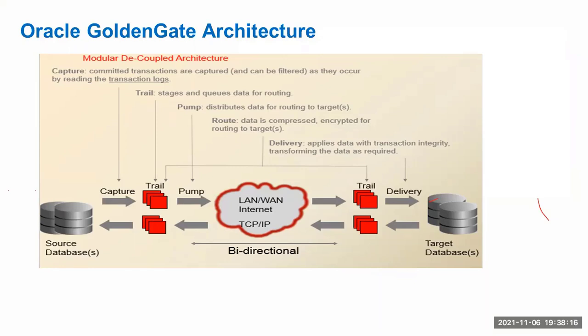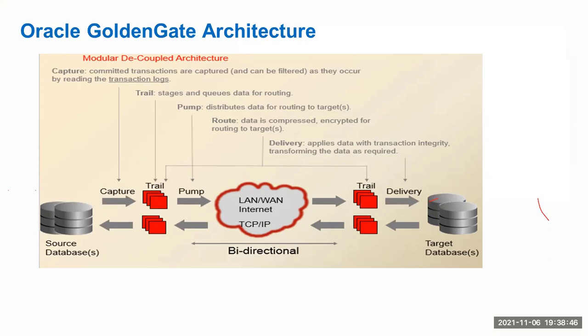So during this session, if I use the term extract or replicate, it means I'm talking about capture and delivery. Extract is used interchangeably for capture, and replicate is used interchangeably for the delivery process. This architecture, though it seems simple, guys, but let me tell you one thing.